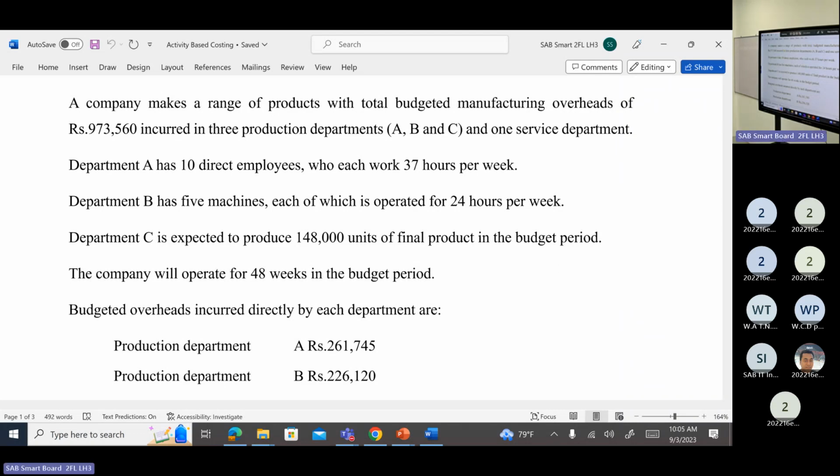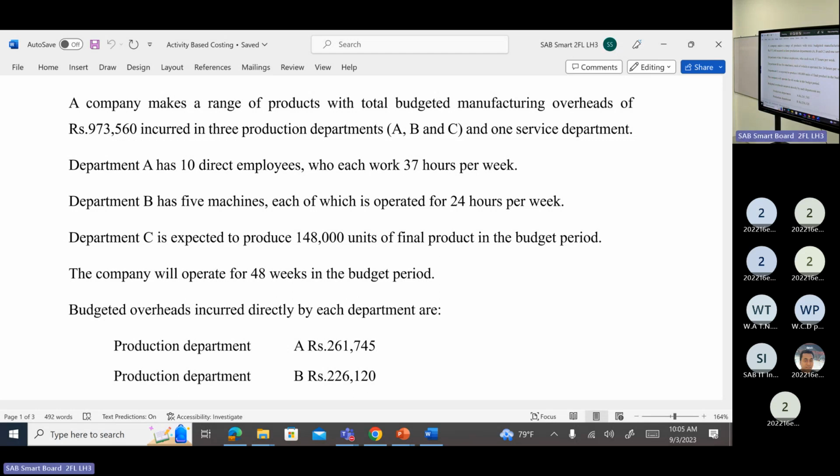A company makes a range of products with total budgeted manufacturing overhead cost of 973,560 incurred in production departments A, B, and C, and one service department.